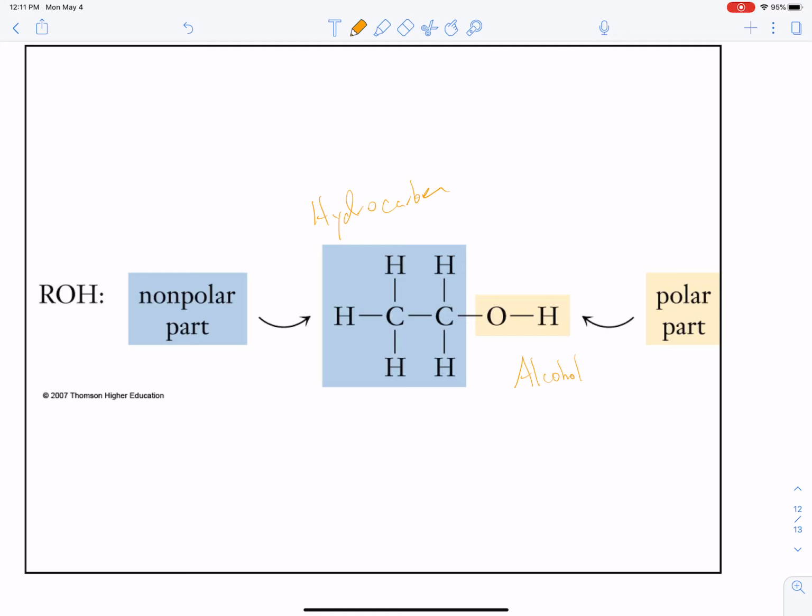So alcohols are really handy because they can often dissolve both polar and non-polar compounds. And that's really quite handy in a lot of situations.